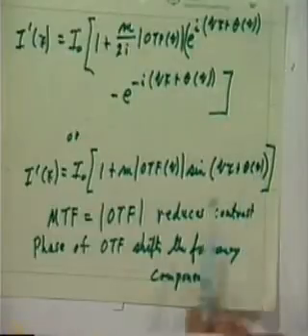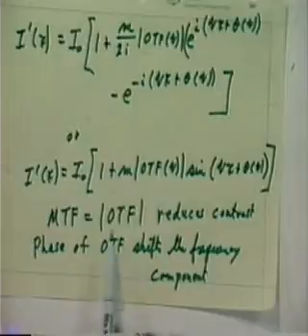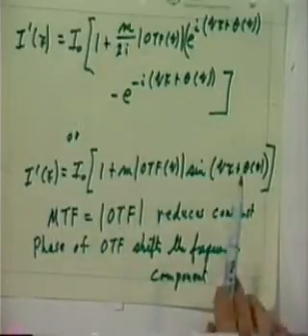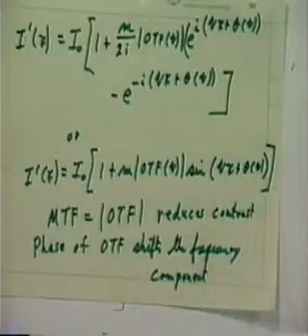So even though, let's say we have a very good MTF, the phase of the OTF could still mess up the image because it's shifting each frequency component by a different amount. Okay?